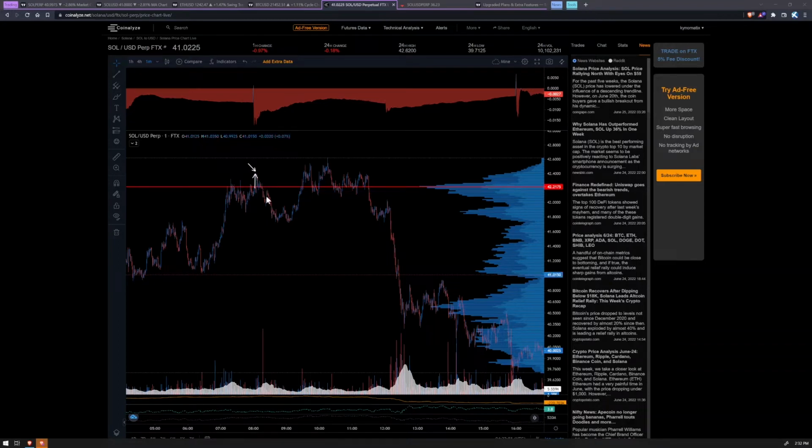Where they went long here or here, and then price went down, so as soon as it came back here, they were selling out of their positions just because they didn't have the confidence that we could move up anymore.